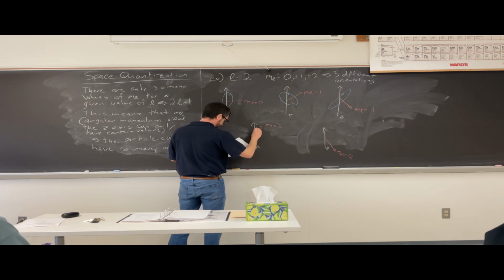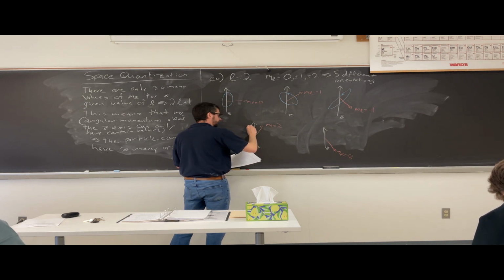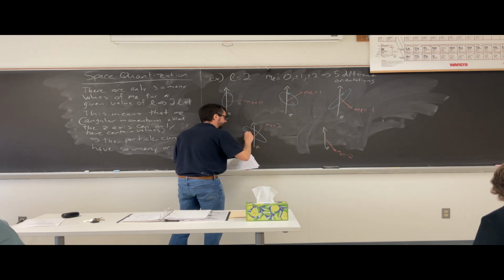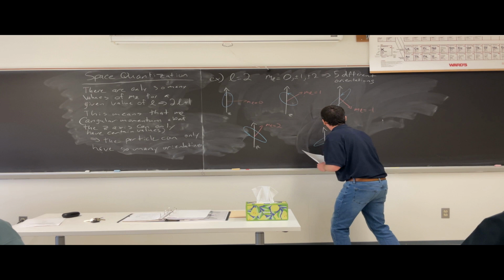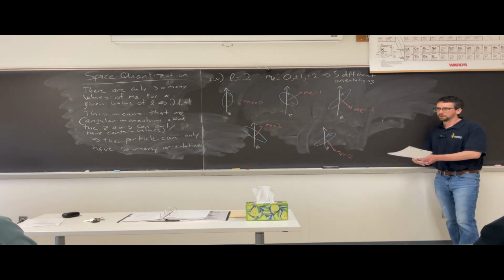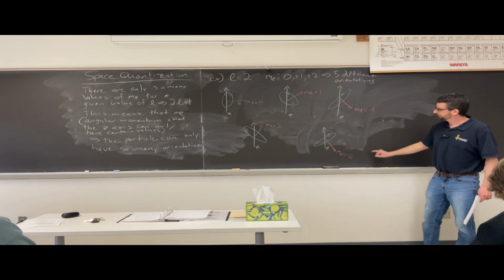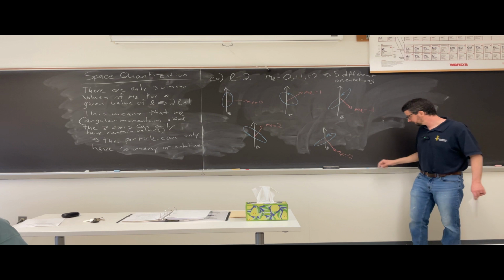In this case, we want it to kind of travel like this. It's hard to draw. And in this case, what it means is as long as we draw it simply like this.